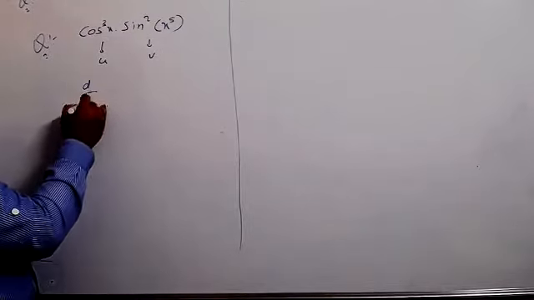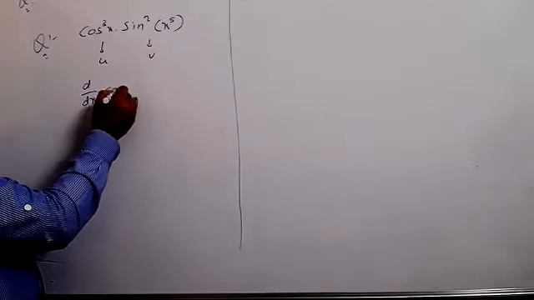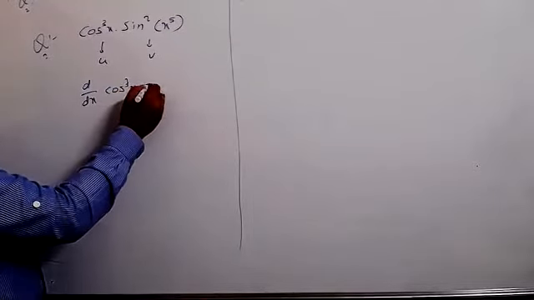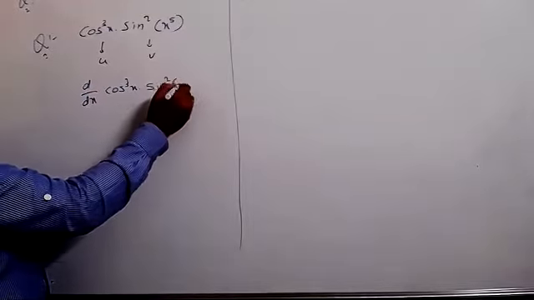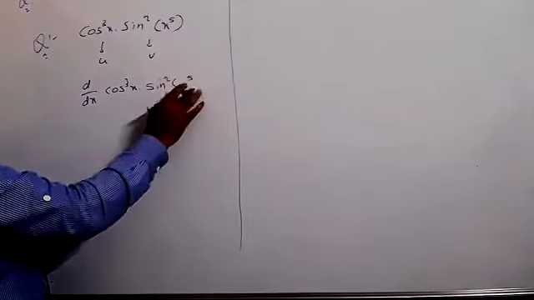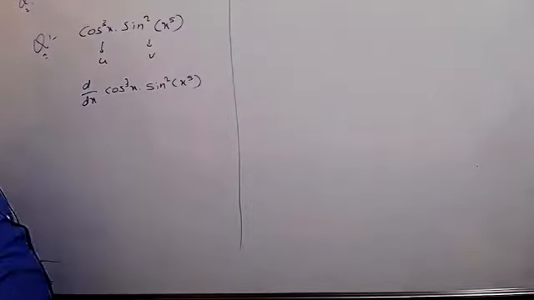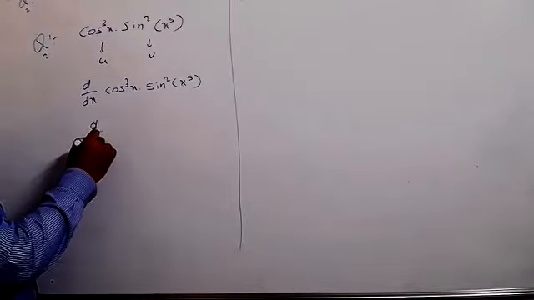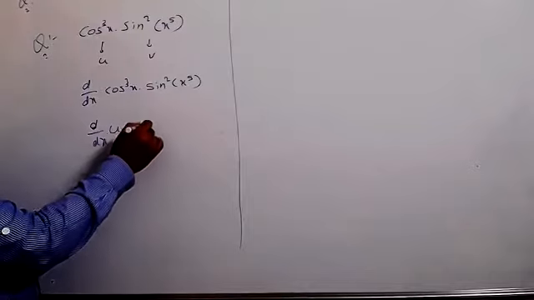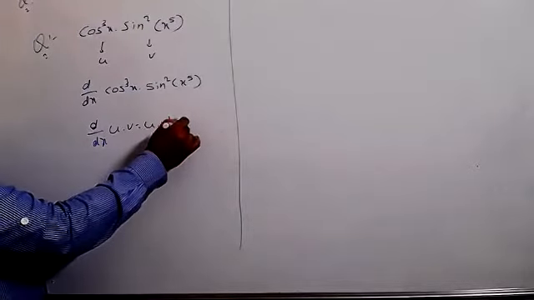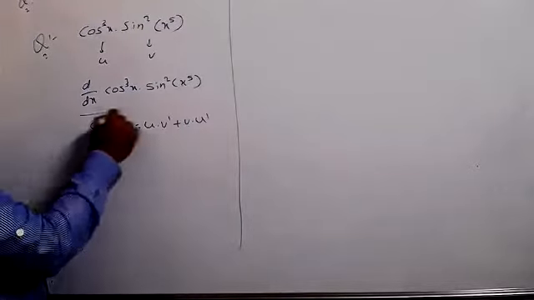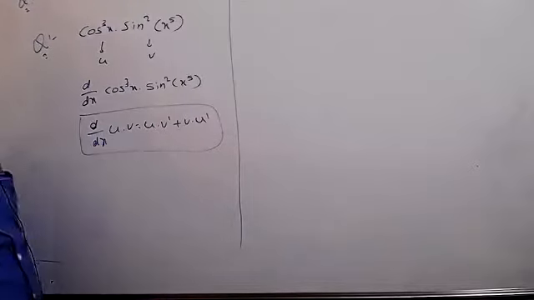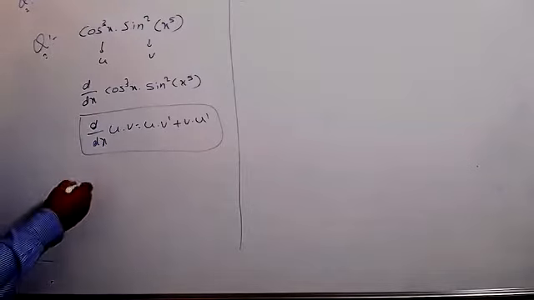So differentiation means d by dx of cos cube x into sin square x power 5 equal to. Generally, what is the formula we have? d by dx of uv equal to u into v dash plus v into u dash. We know that very well. Apply the formula.